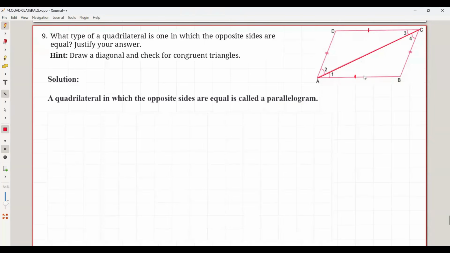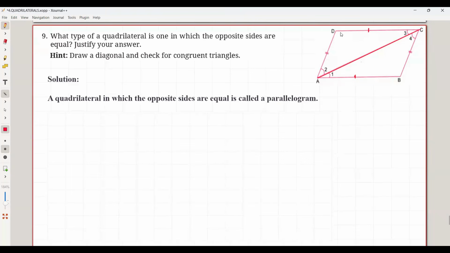If these two triangles are congruent, corresponding angles will be equal. Angle 3 equals angle 1, and angles 2 and 4 are equal. Next, I consider AC as the transversal line. We have proven alternate interior angles are equal.